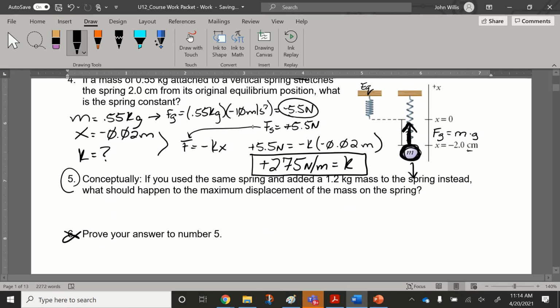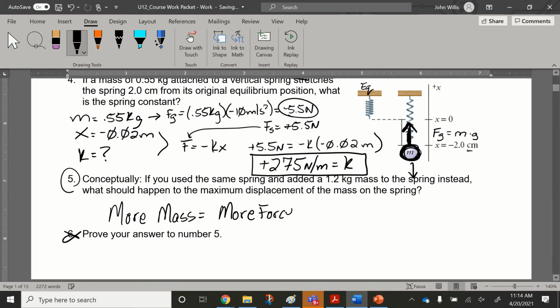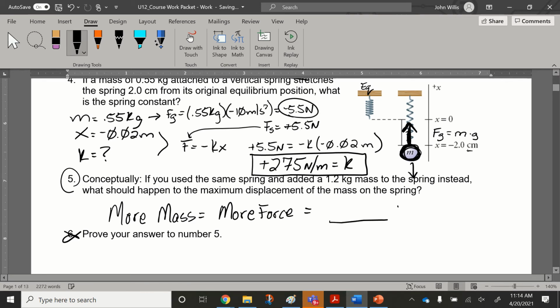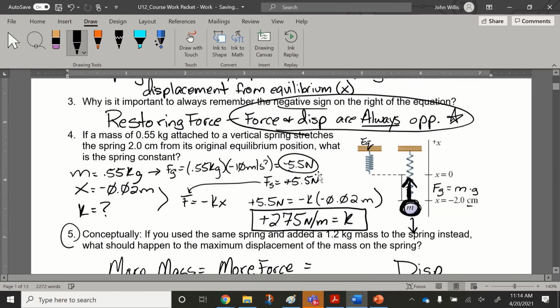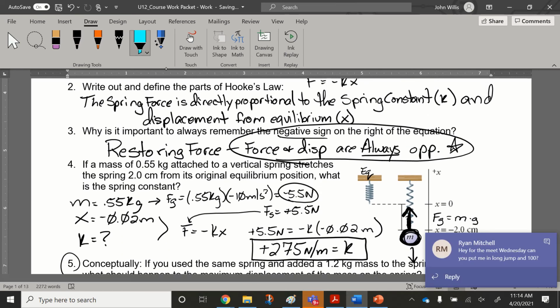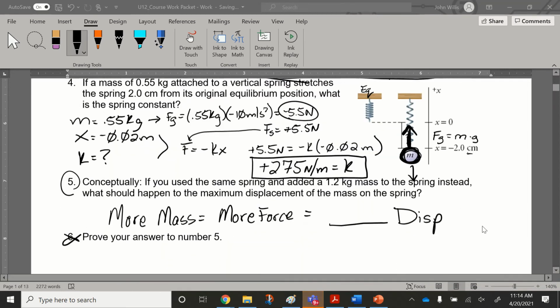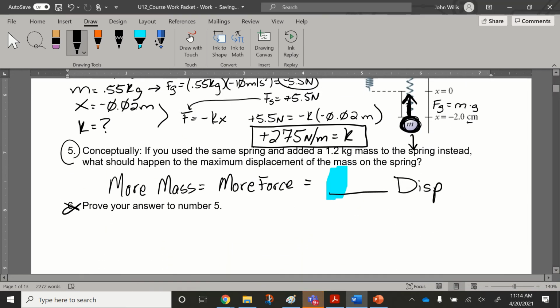Number 5 conceptually is definitely going to be on the exam. I won't ask you something like number 6, but here's the main idea. Most of us are good with this. The more mass you have on the end of that spring, the more weight it will have, the more force the spring has to apply in order to get it to stop moving, which, because these were, key word, directly proportional to one another, it's going to increase your displacement.